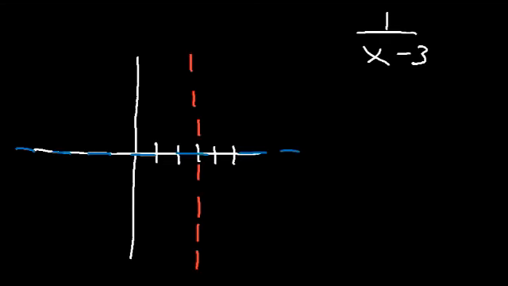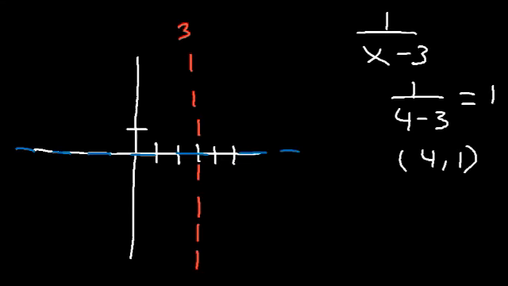On the right side, the graph can be like this or like this. To find out what it is for sure, plug in a number for x that's greater than the vertical asymptote. So if we plug in 4, 1 over 4 minus 3 is 1. So we have the point 4 comma 1, which is over here. Therefore, the graph looks like this.